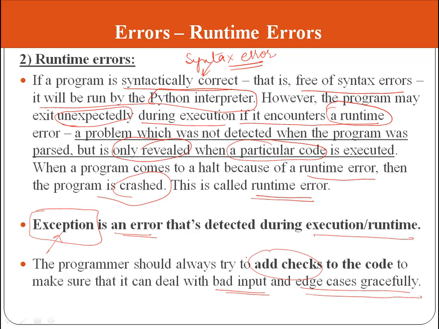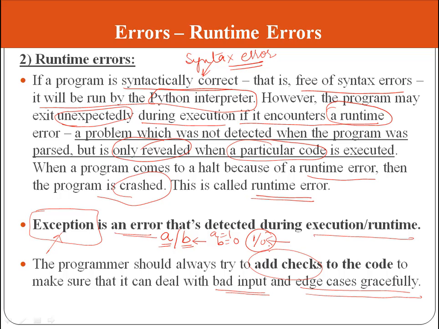You're writing a divided by b, so the user is entering a and b, and can enter any number starting from 0, even b. So if that person has entered b equal to 0 and a equal to 1, it means 1 divided by 0, which is a divide by zero error, and your program will crash.